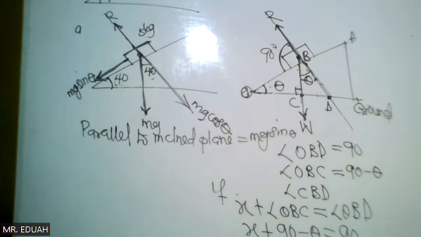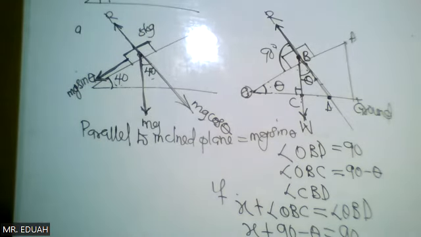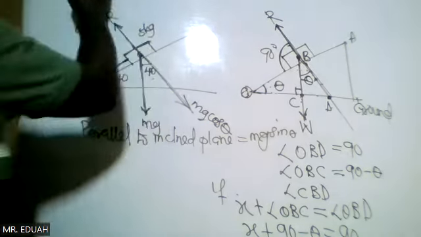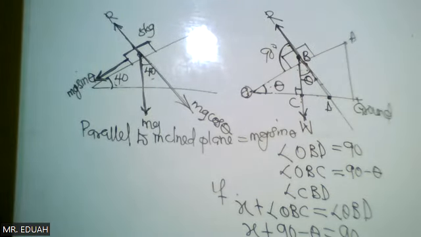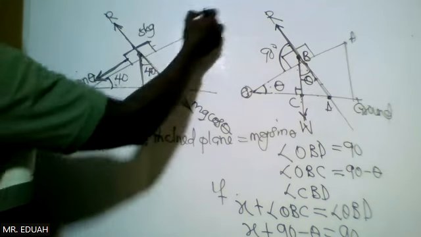Okay, so let's come back to our question. A mass of 5 kilograms slides down a roof which is inclined at 40 degrees to the horizon. Assuming the roof is smooth, find the acceleration. Assuming the roof is smooth implies there's no friction working against it. There's no opposition.